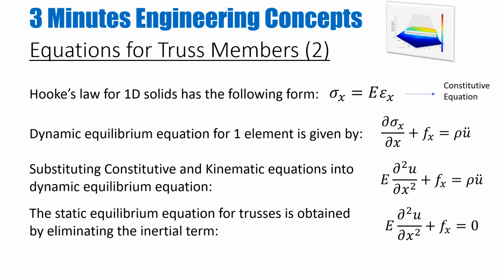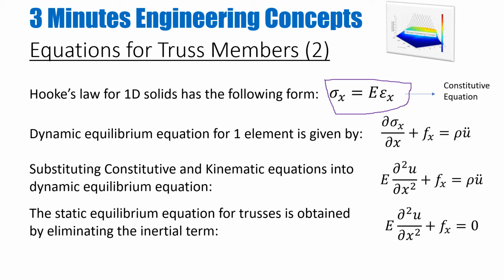When you remove the proportionality sign, you replace it with a constant, as shown in the first equation here, where E is the Young's modulus, my proportionality constant. This equation, which comes from the 1D Hooke's law, is my constitutive equation which relates my strains with the stresses. So indirectly I have linked my stress with displacements if I use both the constitutive equation and the kinematic equation I showed you in the previous slide.